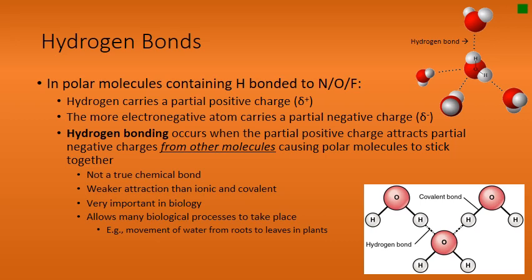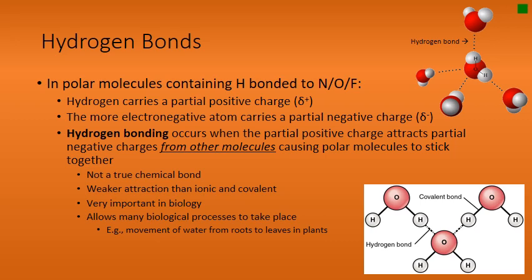In these polar molecules, because the electronegativity of the nitrogen, the oxygen, or the fluorine is so much greater than that of the hydrogen, the bond to hydrogen is polar. It is polar covalent so that the hydrogen carries a partial positive charge. And the more electronegative atom in the bond, nitrogen, oxygen, or fluorine, carries the partial negative charge.